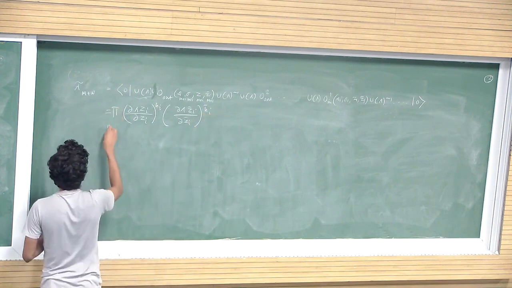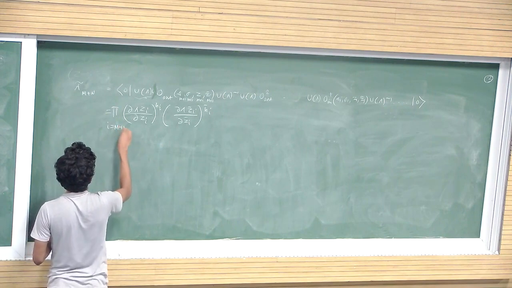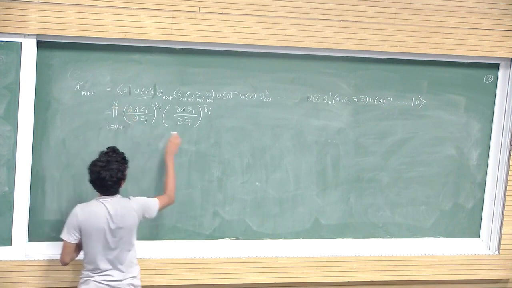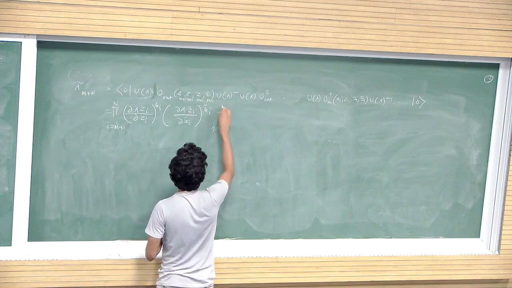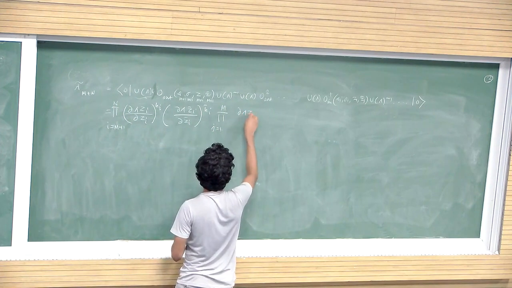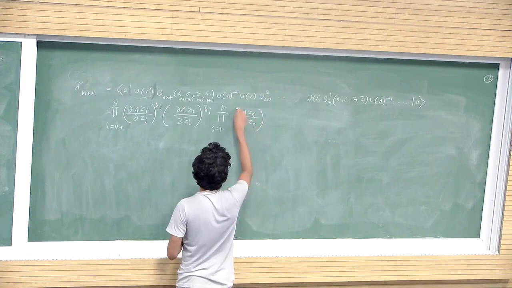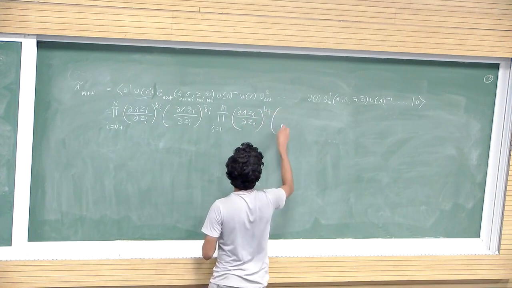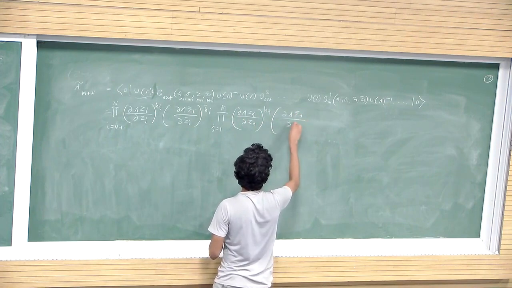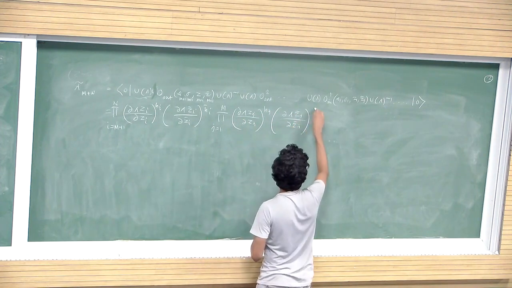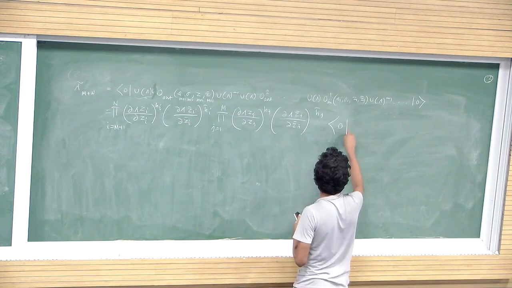So there is a product i equals m plus 1 to n, and there is another product j equals 1 to m, del lambda z j by del z j to the power h j, and del lambda z bar j by del z bar j to the power h bar j.